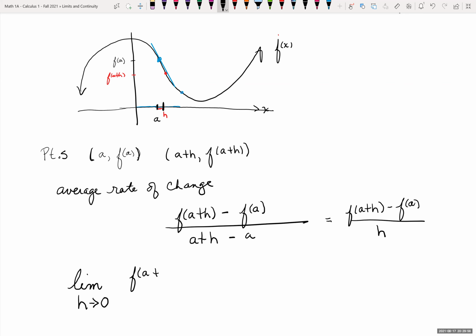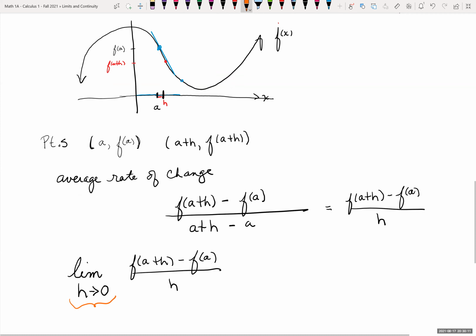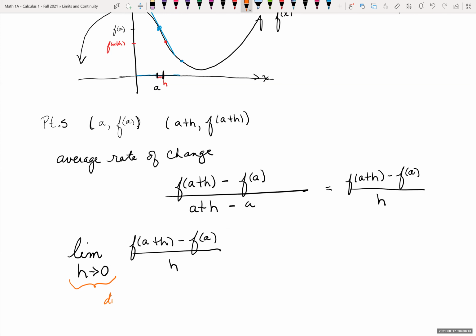So f of a plus h minus f of a, all over h. So that h going to 0 again is just saying that distance between those two x values is going to 0.